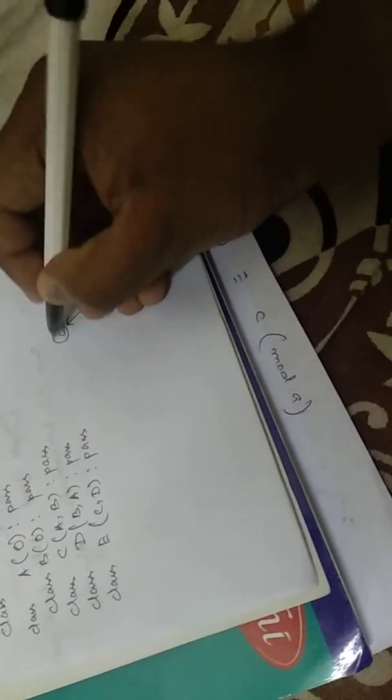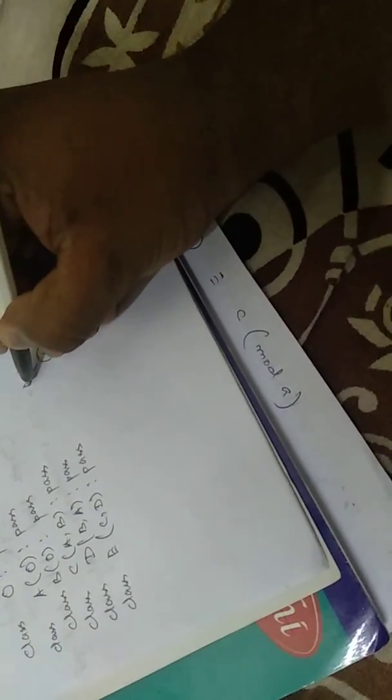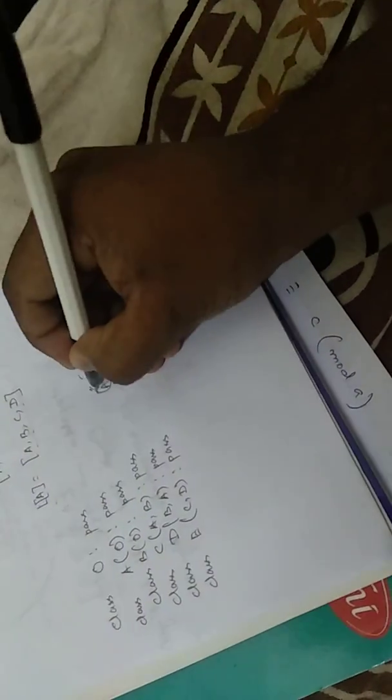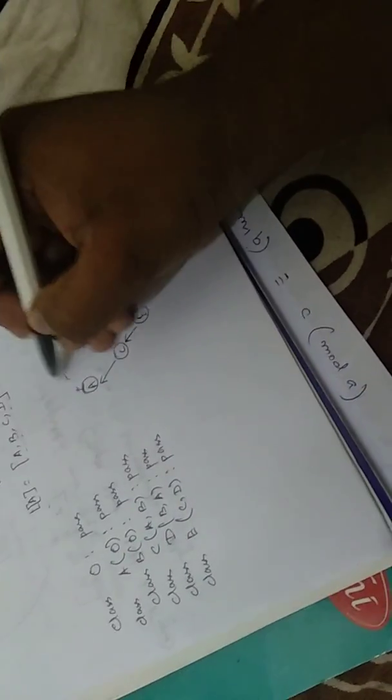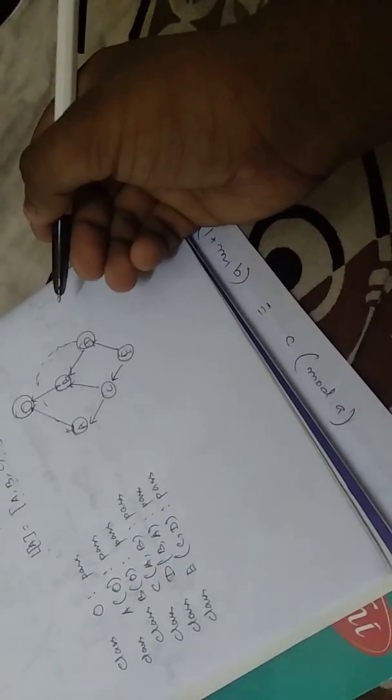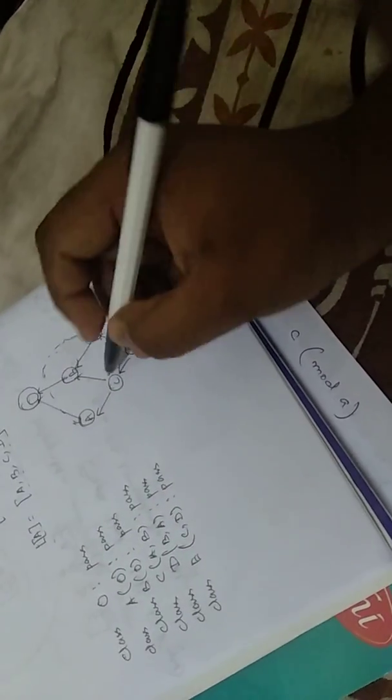So write E, then we have C, then we have D, then from C we have A and B, and for D, B is the left parent, and A comes as the right parent, and both A and B inherit from O. Okay, so let us try to find out the linearization of C.